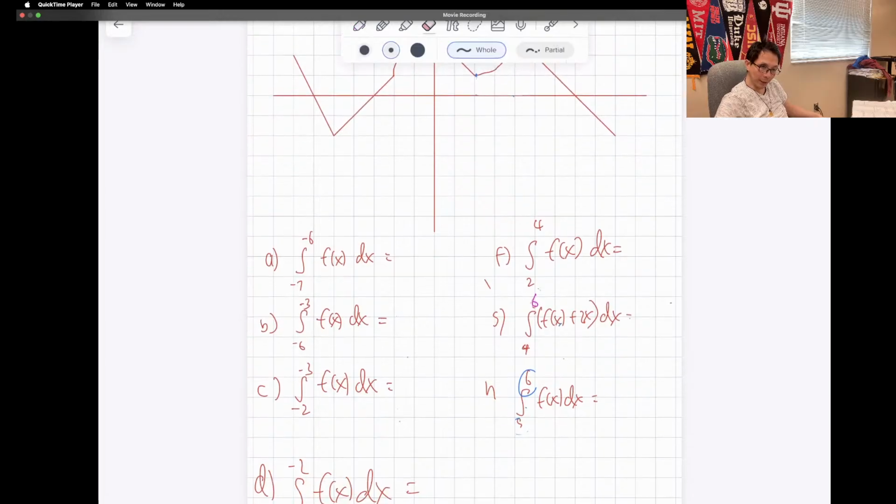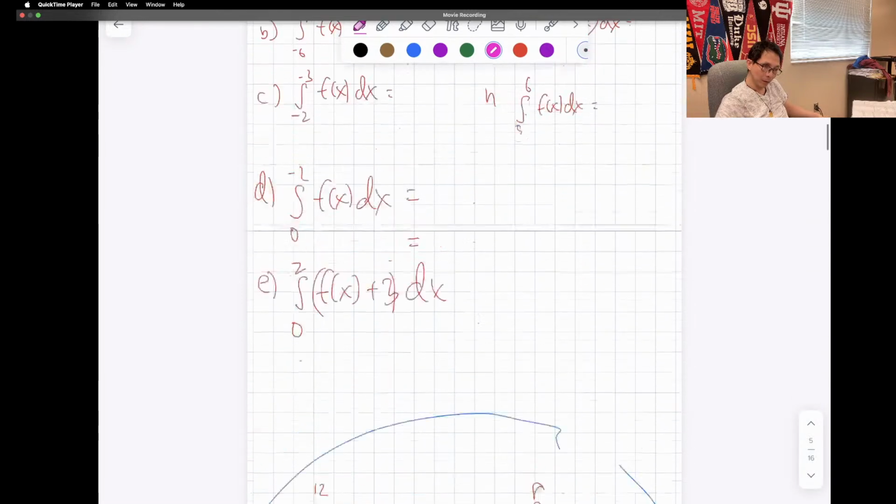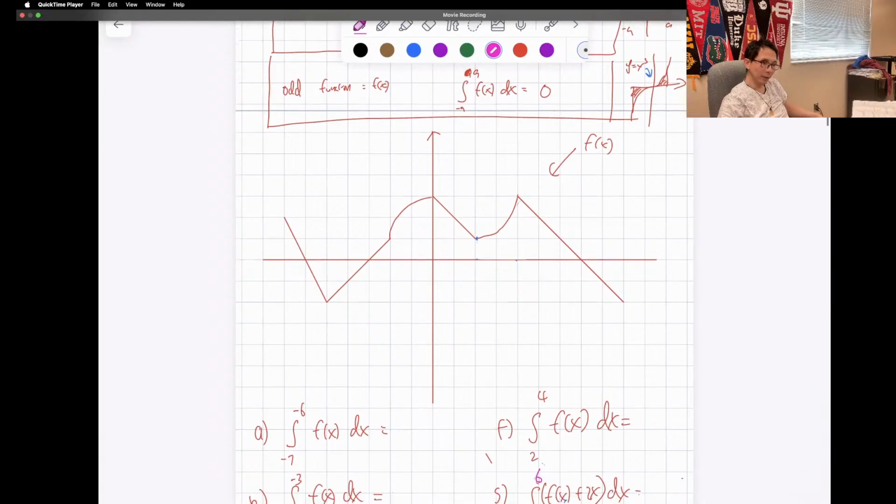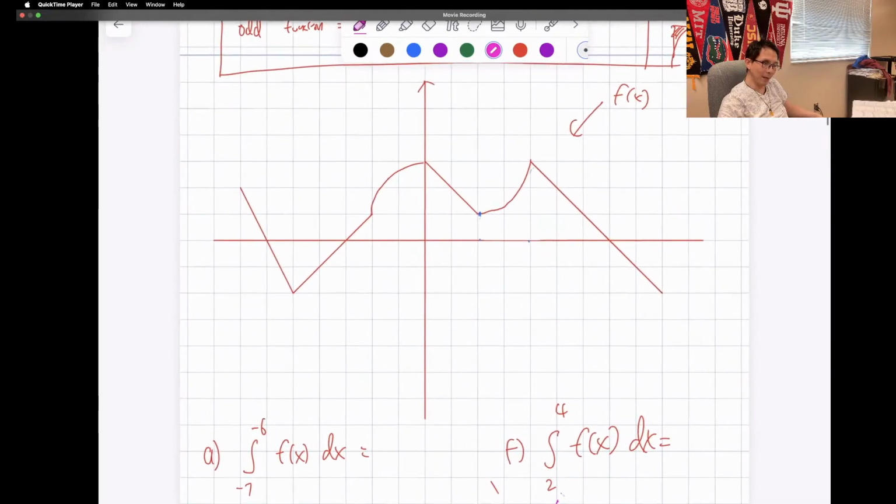All I need is for you to find the integral between -7 and -6 of f of x dx.